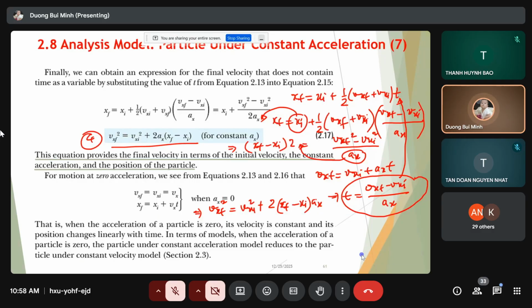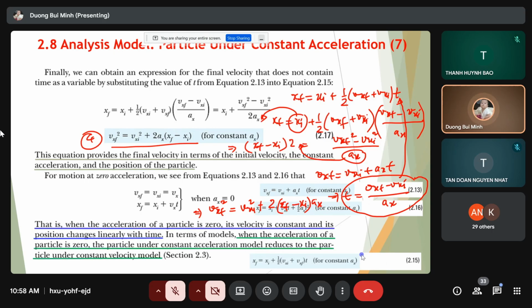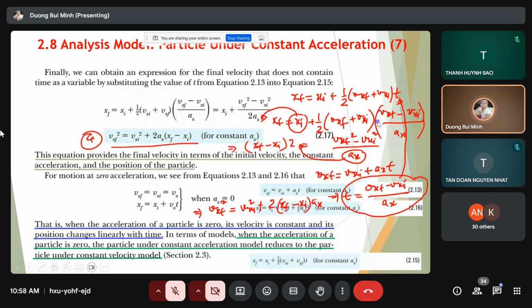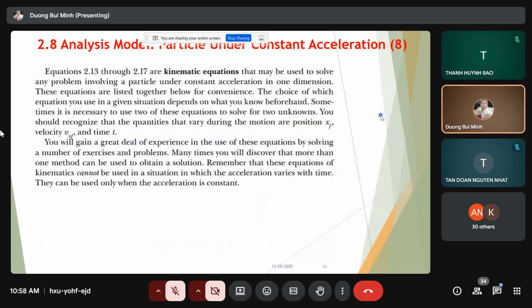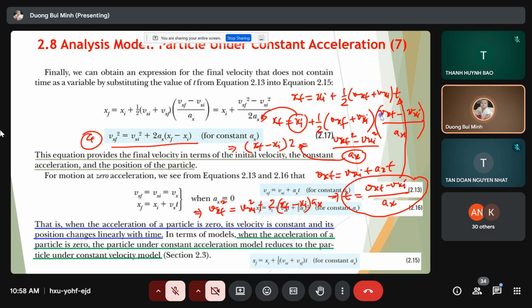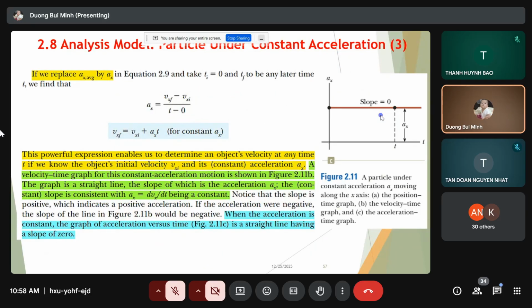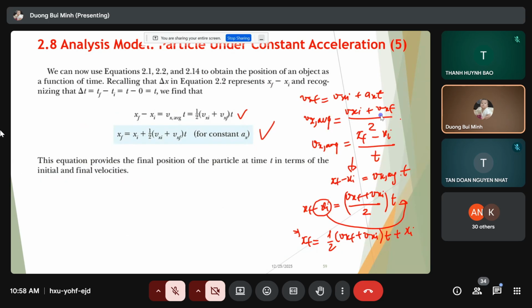And the last one, what is the last one? Oh, that's all. Why do I get 5? 1, 2, 3, 4.